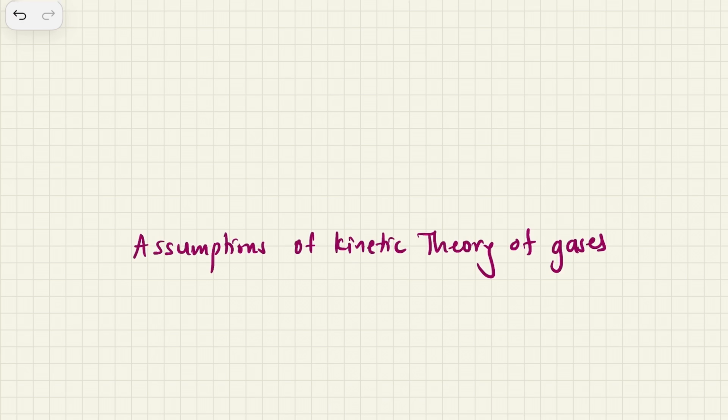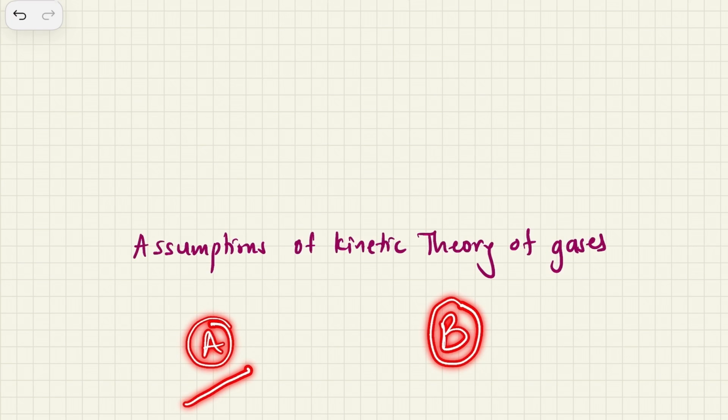In order to understand kinetic theory of gases better, there are certain assumptions of kinetic theory of gases, and these assumptions are divided into two categories, part A and part B. Part A is regarding the nature of molecules and part B is regarding the motion of molecules.